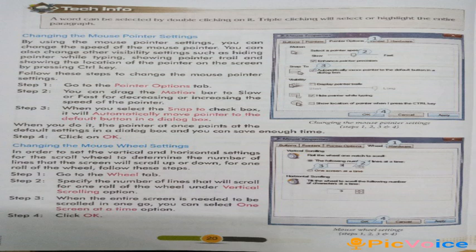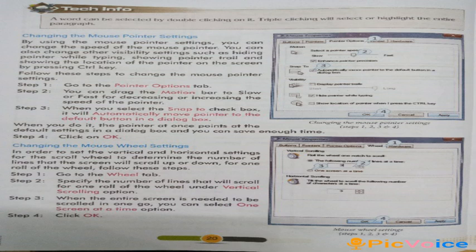Then changing the mouse wheel settings. How we can change the mouse wheel or scroll bar of mouse. To change the mouse wheel, we should follow 4 steps. Step 1 is select wheel from the mouse properties dialog box.